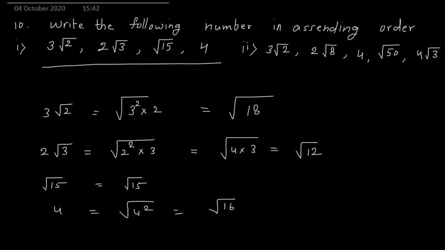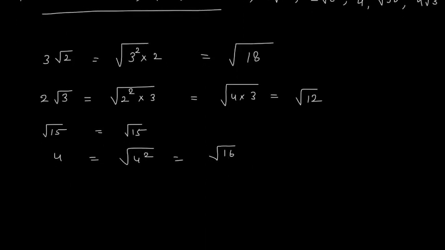Now here 12 is the smallest number. So this root 12 is smaller than root 15, is smaller than root 16, is smaller than root 18.